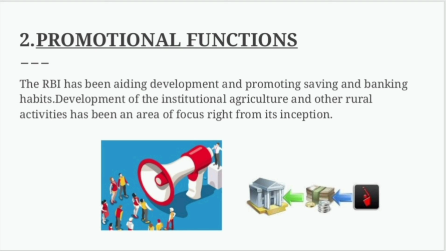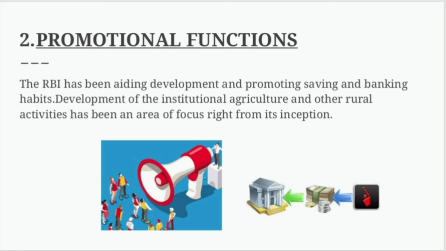That is achieved with various programs like Deposit Insurance Corporation 1962, Unit Trust of India 1964, Industrial Reconstruction Corporation of India 1972, and NABARD, that is National Bank for Agriculture and Rural Development 1982.